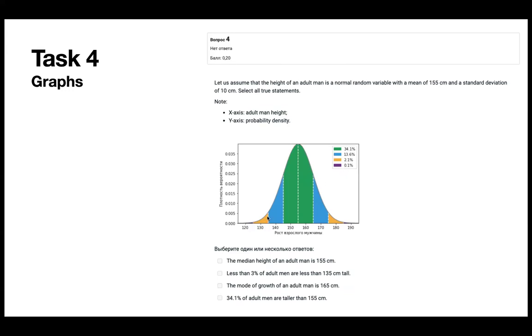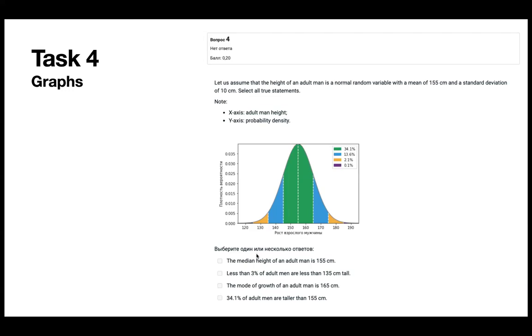So that part of the chart plus that part of the chart will be 2.2% of our values. So these values would be just half of it.